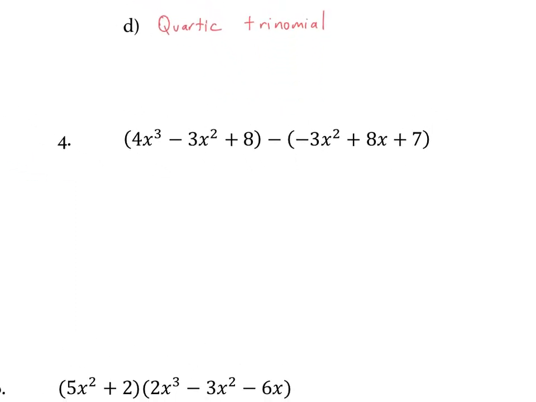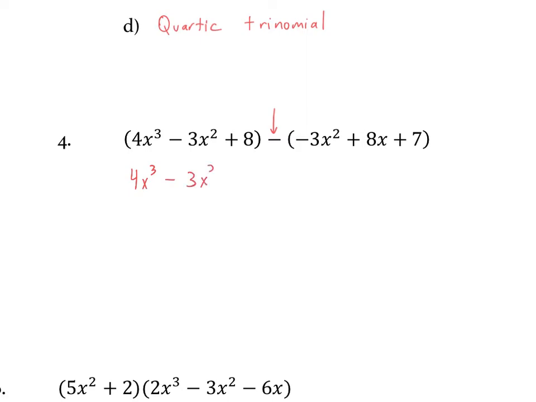Okay, subtraction is almost the same thing, except you have to remember that the subtraction is like a negative that distributes to each term in the second set of parentheses and changes their signs. The first set of parentheses, you just rewrite the same.